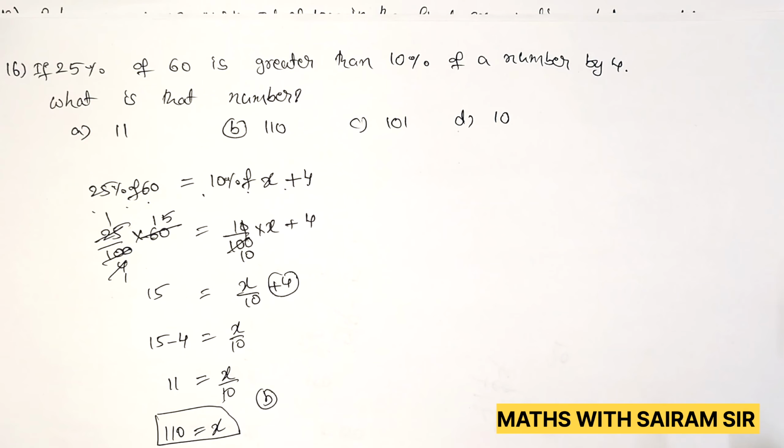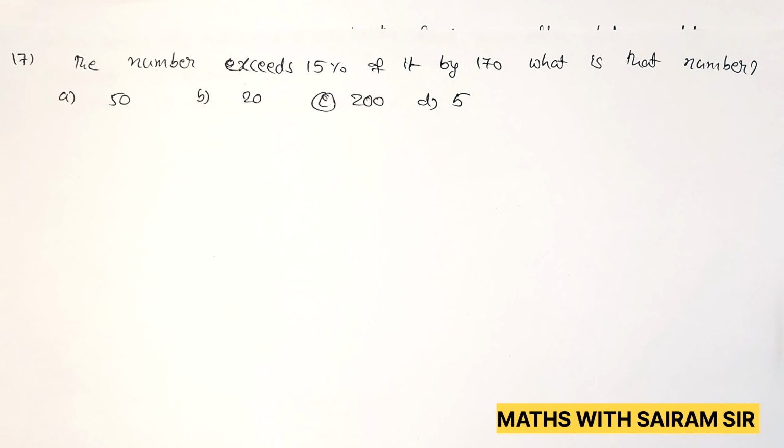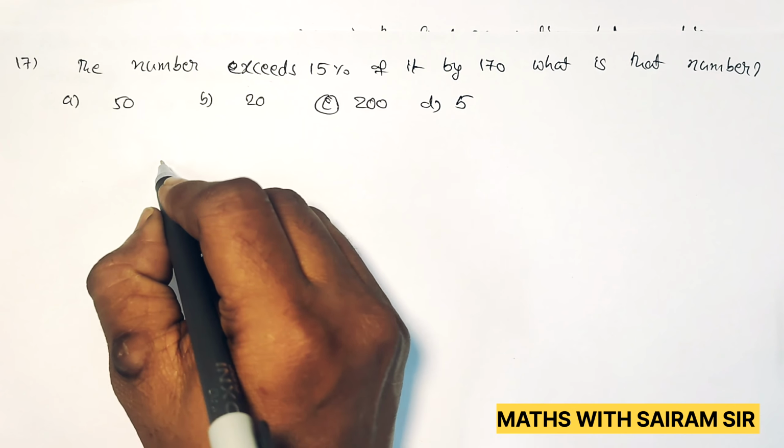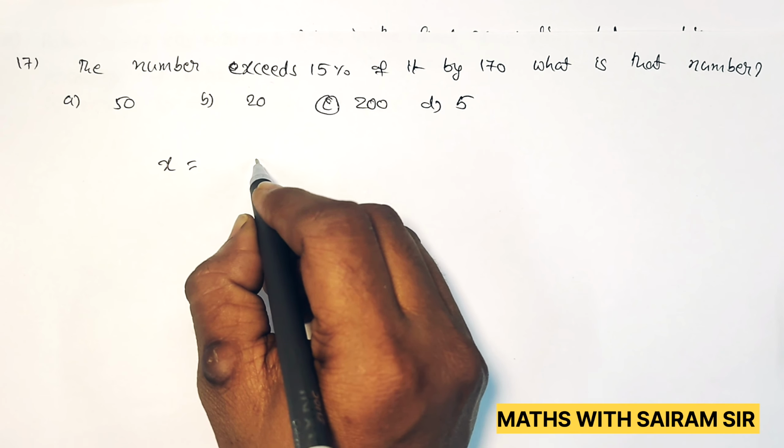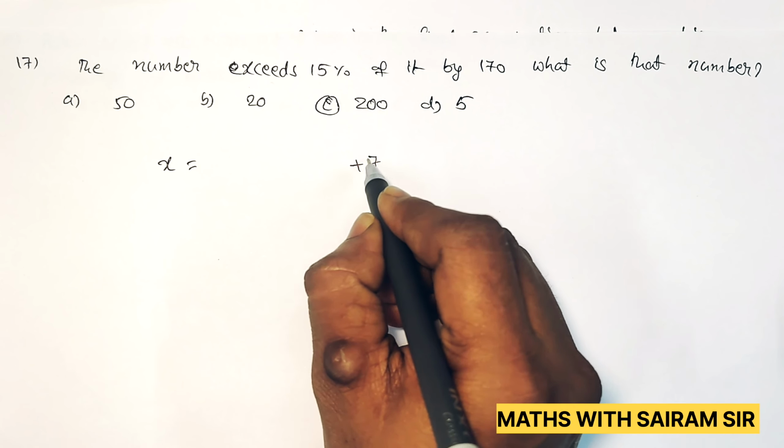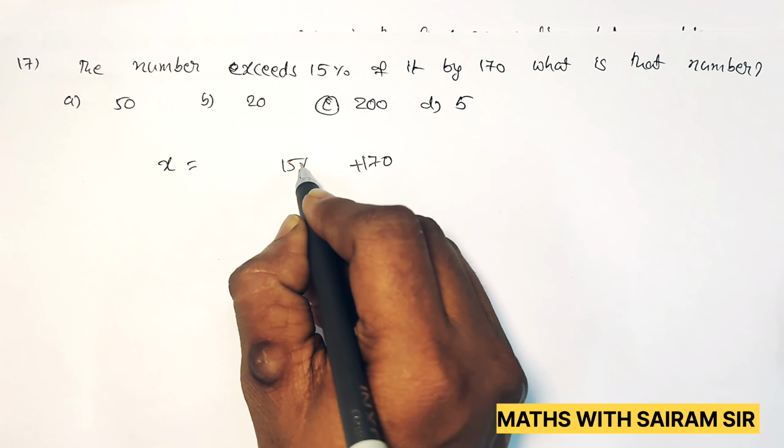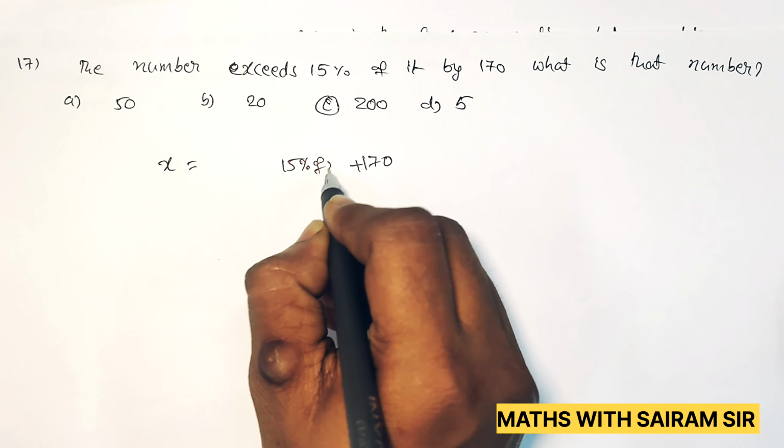Now let us see this next question. A number exceeds 15% of it by 170, then what is that number? A number exceeds means more than the 15% of the number by 170. That means if I suppose the required number is x, this is 170 more than the 15% of x.